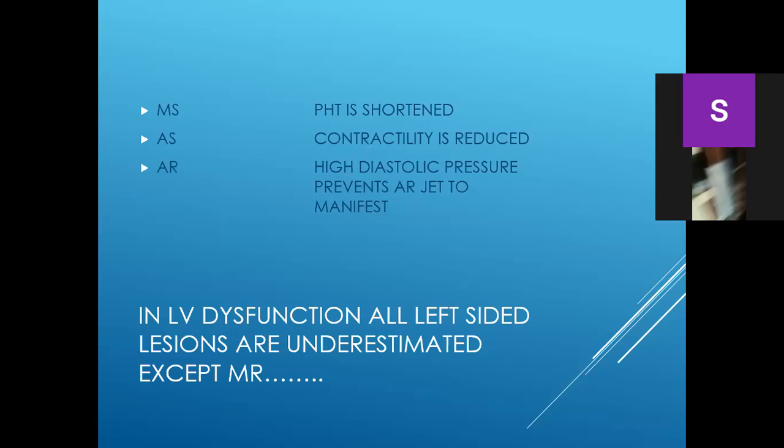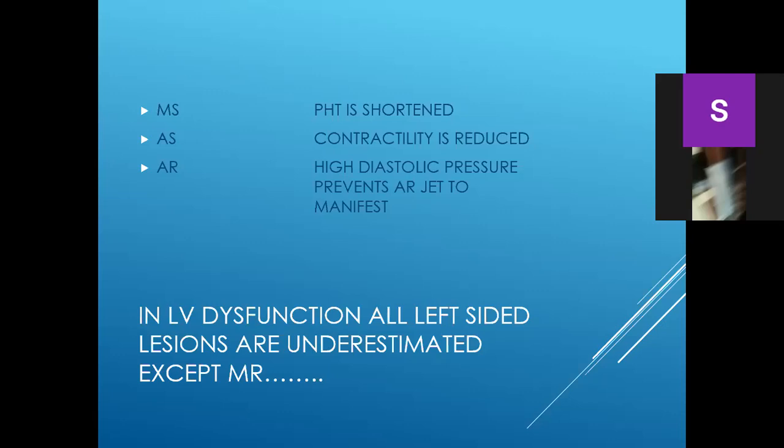Now, this is a very dogmatic statement which I'm making, but in any LV dysfunction, all left-sided lesions are underestimated, except MR. Why?